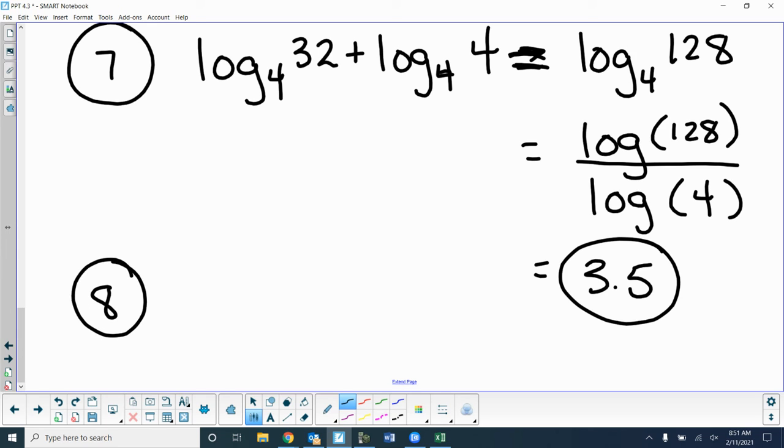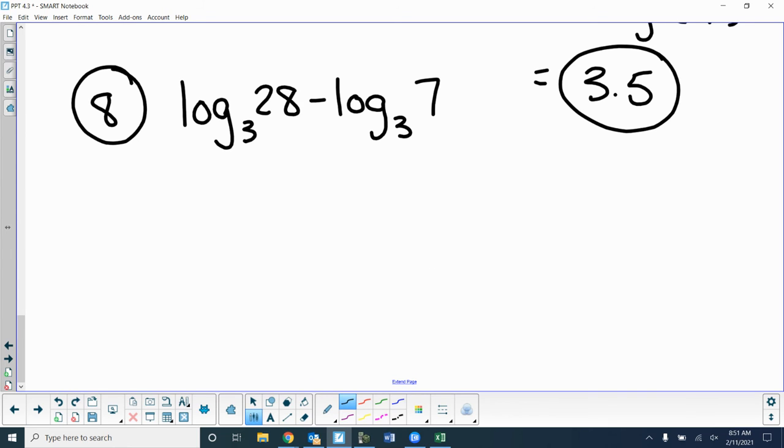Number 8, we have subtraction. So what do I do this time to make it a single one? Divide. So what's 28 divided by 7? 4.